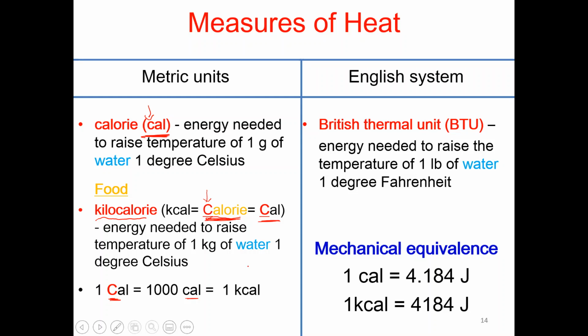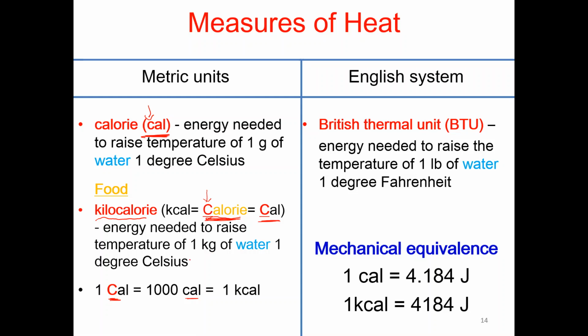Even if the letters are the same, if this is a small c, then it is how much energy we need to increase 1 gram of water by 1 degree Celsius. But if we have the big C, it is how much energy we need to increase 1 kilogram of water by 1 degree Celsius.